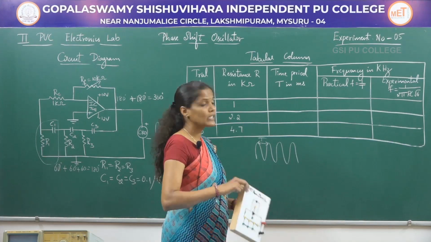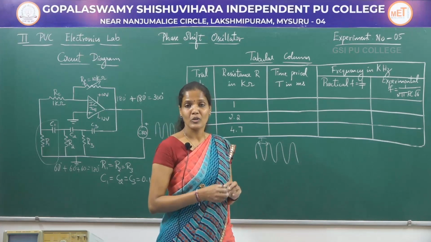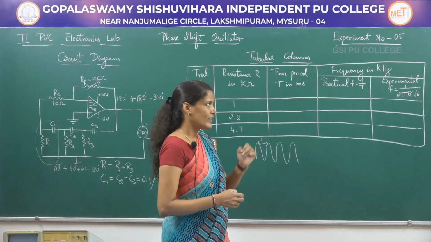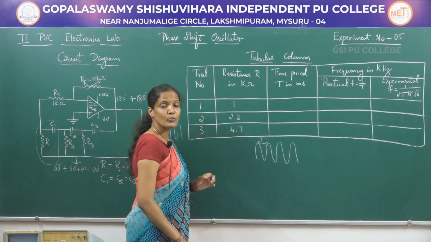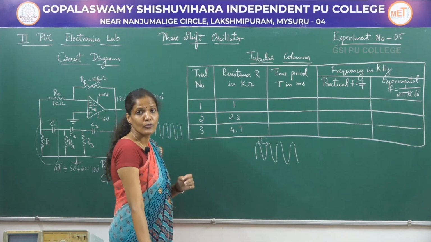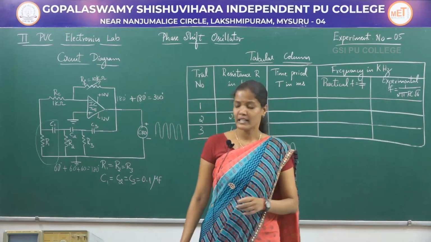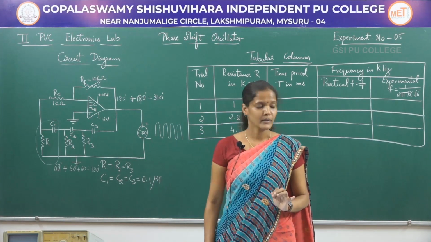Coming to the theoretical frequency, I have to use this formula: 1 divided by 2 pi root 6 into RC, where R value is 1 kilo ohm for the first trial, 2.2 kilo for the second trial, and 4.7 kilo ohm for the third trial, whereas C value is constant, that is 0.1 microfarad.